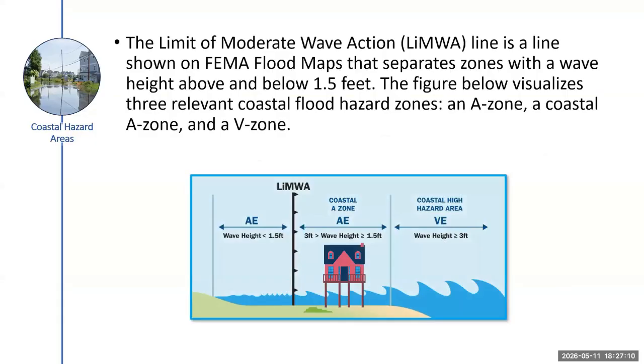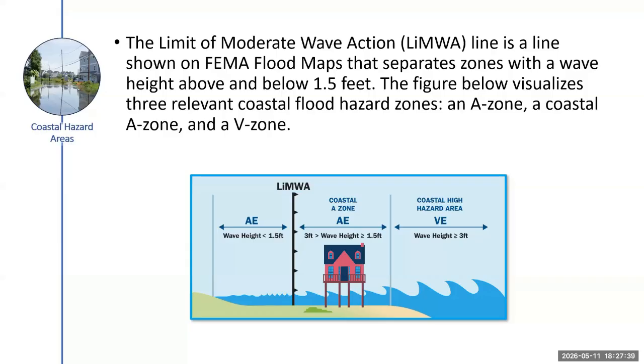So coastal hazard areas are defined in part by the limit of moderate wave action, the LiMWA line. That's shown on our FEMA flood maps. It's the dividing line between zones with a wave height above and below 1.5 feet. The figure below shows a graphic of a coastal hazard area that shows the LiMWA.